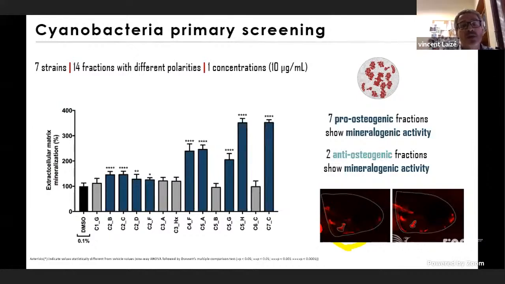And of course it needs more testing, but these compounds could be the basis of future drugs to treat skeletal disease in humans, such as osteoporosis, which is characterized by a low bone mineral density. So imagine that these compounds, which increase the mineralization of the cells, could also increase the mineralization of the osteoporotic bone, and maybe you could recover the defect of mineralization that you observe in this bone.